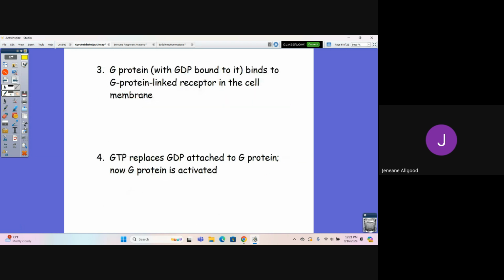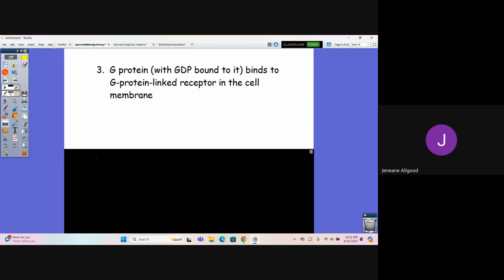Okay, so a G protein with GDP bound to it binds to the G protein linked receptor in the cell membrane.